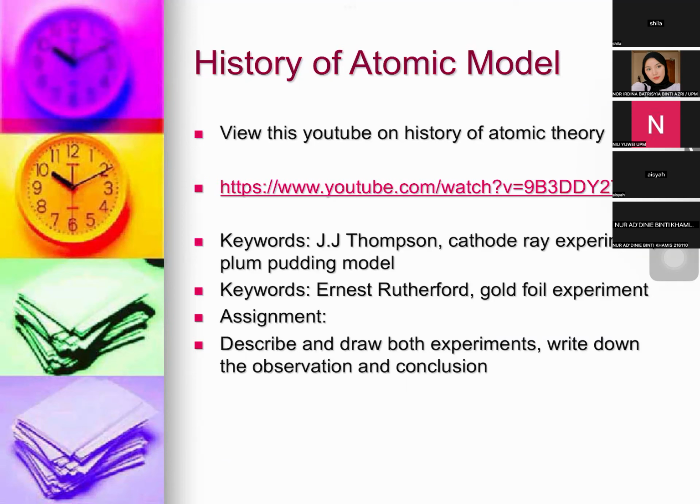Whenever we talk about science, it is good to know the name of the scientist, right here, J.J. Thomson, and we should also know about the experiment, what is the experiment that he has done, and the third one is the conclusion, the theory, or the model that the scientist is proposing.